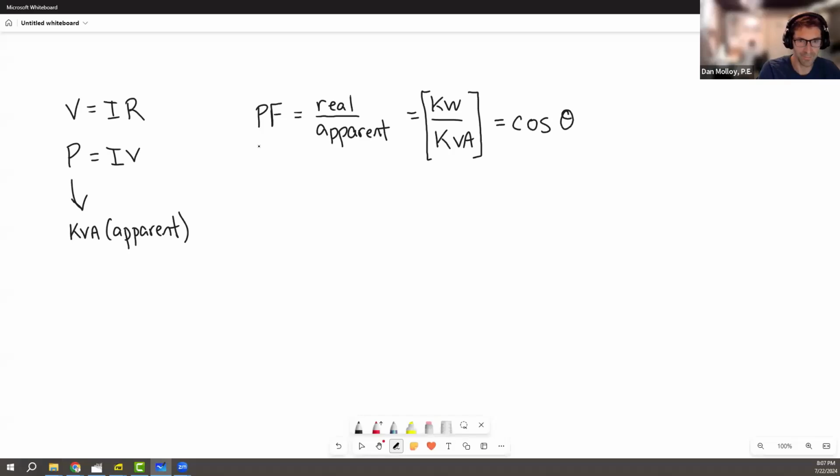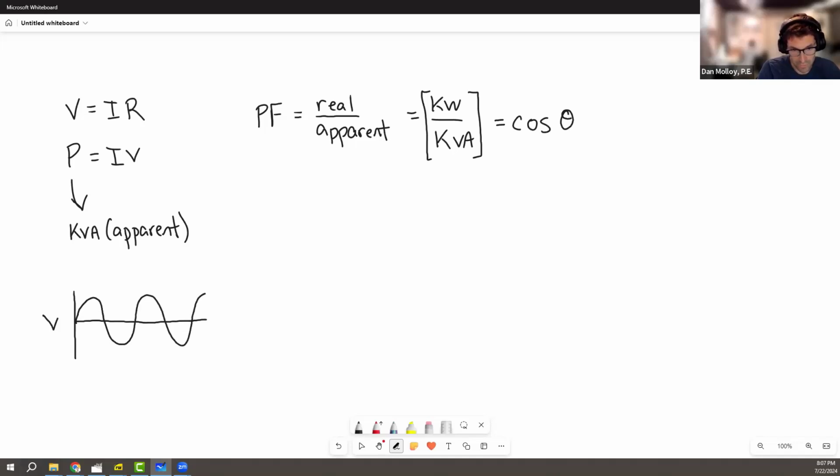So why does this happen? Now I'm going to draw a really bad drawing, so please forgive me in advance if this is terrible. This is meant to be the voltage, and this is a sinusoidal function like this.